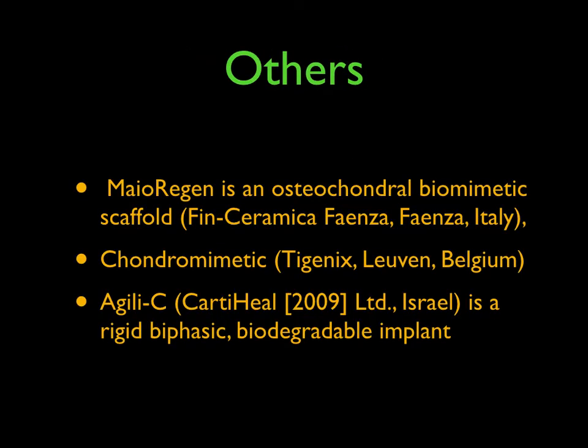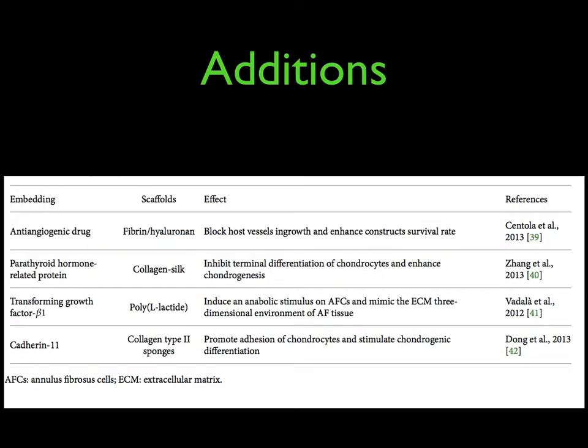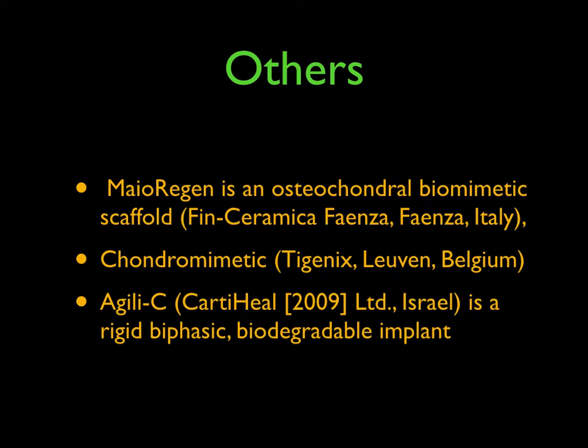Now, more and more companies came into this, and MyoRegen is one of them, by Fin Ceramica. It might be available soon, so I put it in there. Then Chondromimetic and AGLC. Of these, none is available in the country so far. The first one that is going to be available soon is MyoRegen, which is expected to come in January, and it has received an FDA approval, or the Indian FDA approval for this.